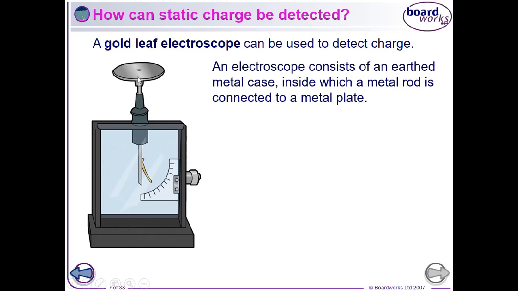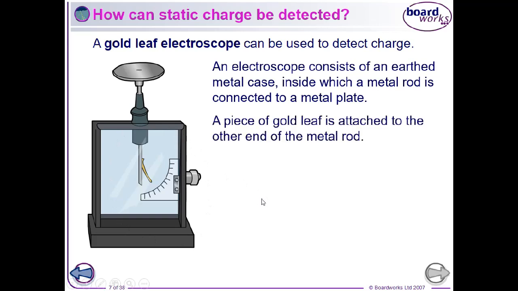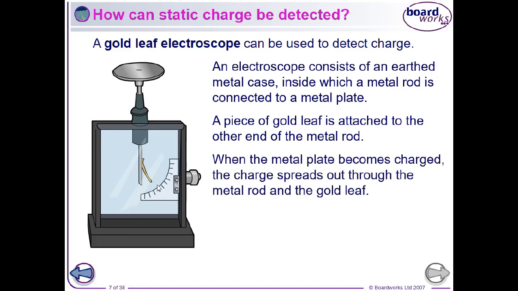Inside I've got a metal disc and a metal rod connected together, and here we have an insulating collar so that this metal does not touch the case. We have a very light piece of gold foil attached to the metal rod.